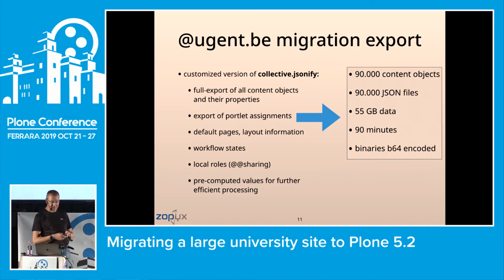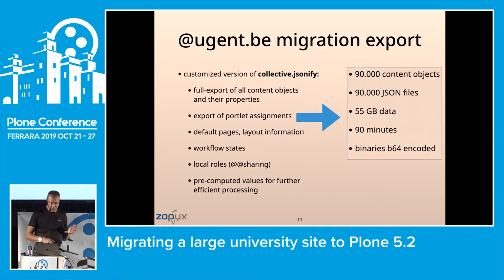And it generates in our site something like 90,000 JSON files for the 90,000 content objects, about 55 GB of data, and the export took something like 90 minutes. All binary files like PDFs or files or videos are also exported within JSON. They are base64 encoded, which explains why the data is so huge.